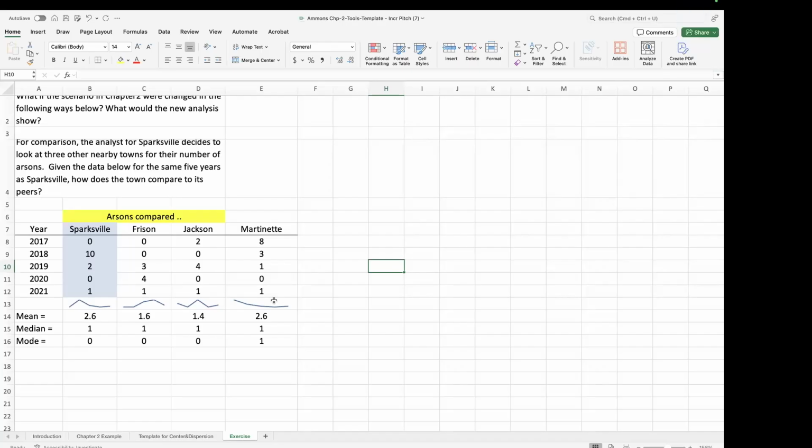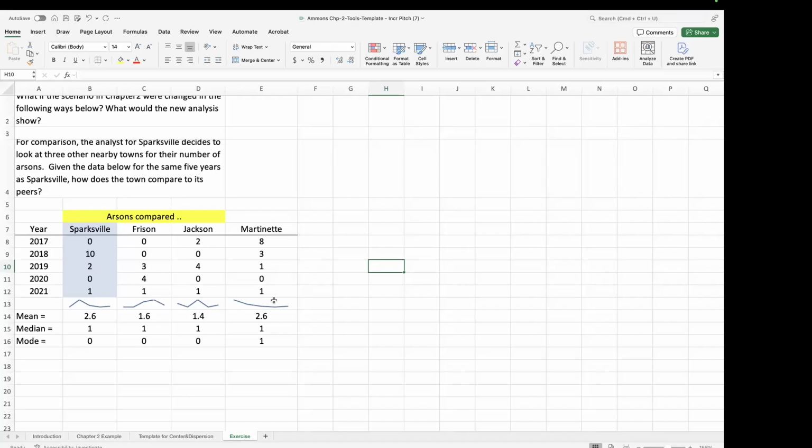The only question I would have, and I think that I'm self-answering it, is that the spark lines are independent of each other. So, for example, Rayson is a good one.